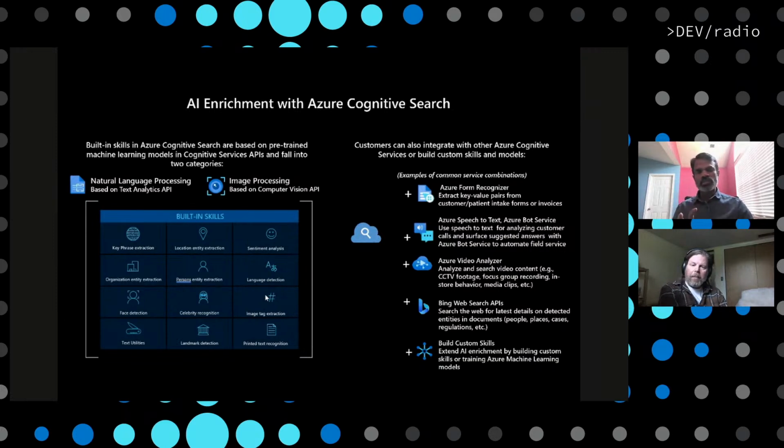On top of this, you also have the ability to customize the cognitive search service with new skills. Like if you want to bring in a speech to text service, a Bing web search service, or a custom machine learning model that you can add to the search. So cognitive search is highly capable and highly flexible for you to customize for your needs.